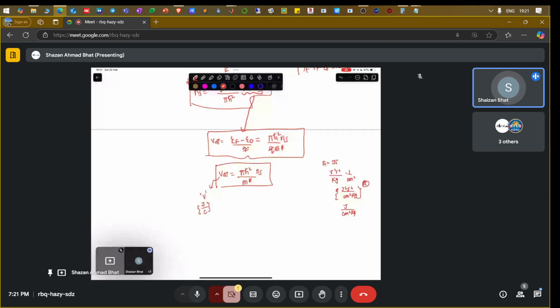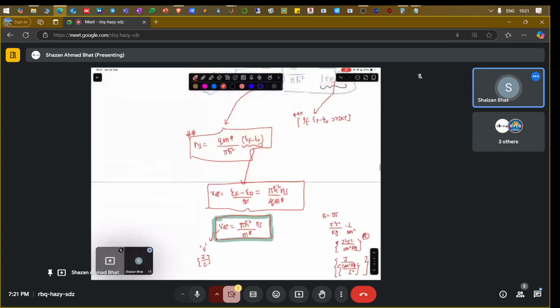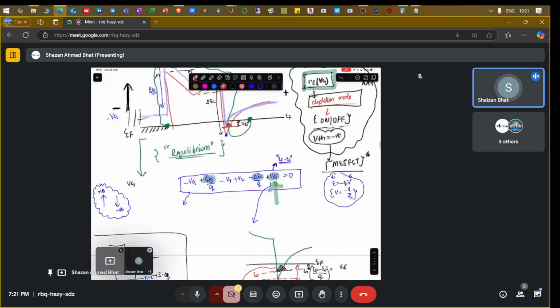So this is the VDI which we needed to compute. This is the difference between the Fermi level and the first eigenenergy. Now that VDI, where we need to use it, is in this particular equation, where you want to compute the sheet charge density as a function of gate voltage.